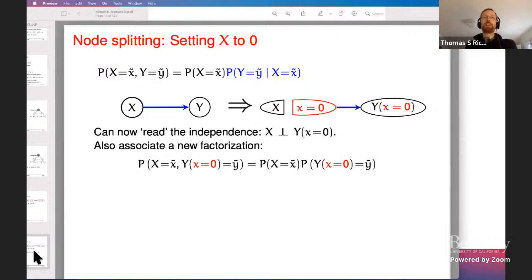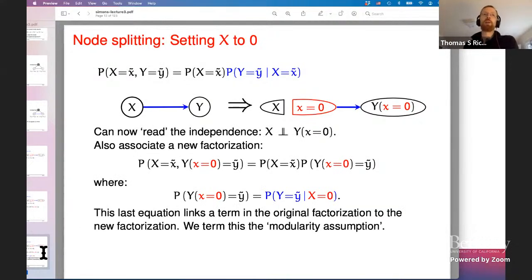And then you might say, well, that's all very well. You've constructed this new graph. You've got this new variable here. How is that connected to the original graph and the original distribution that we started out with? Okay. And the way that we're going to do that is we're going to say that the distribution of Y of X equals 0 we'll obtain from the distribution of Y given X in the original graph by just taking the conditional distribution of Y given X equals 0 in the original graph.